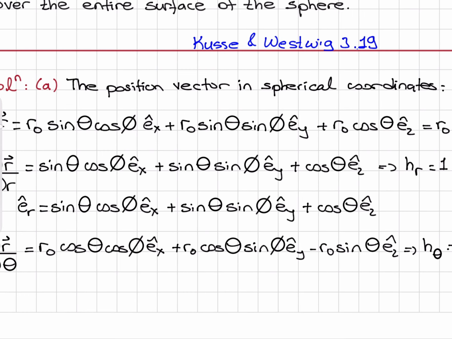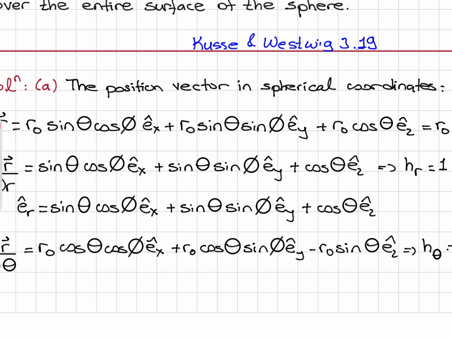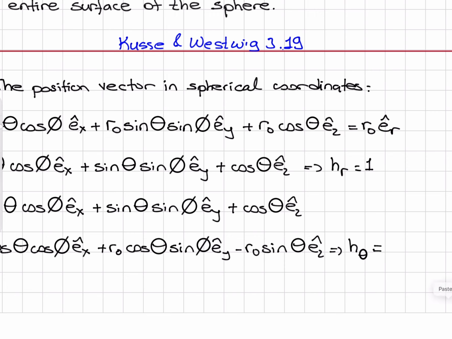Now I can recognize my scale factor here, h sub theta. What is the scale factor? You can see that this is r0 times the square root of cosine square theta cosine square phi plus cosine square theta sine square phi, which gives cosine square theta, plus sine square theta. When I calculate the magnitude, I'm getting 1. Therefore, the scale factor h sub theta is equal to r0 in this case.